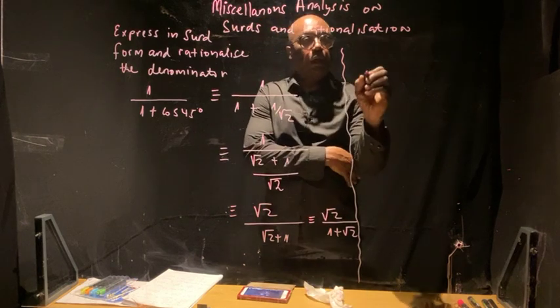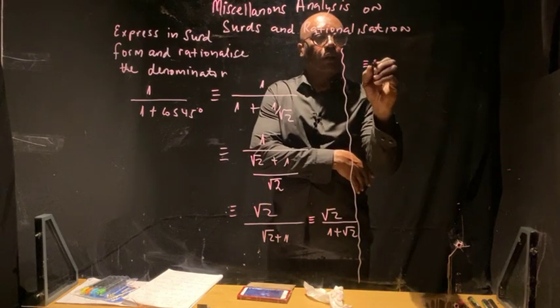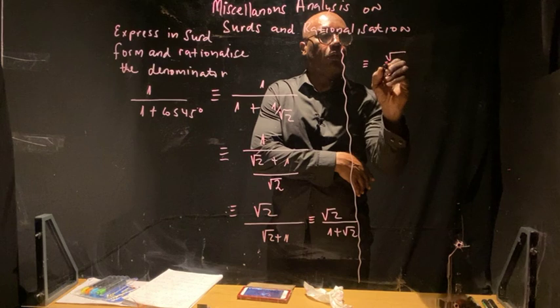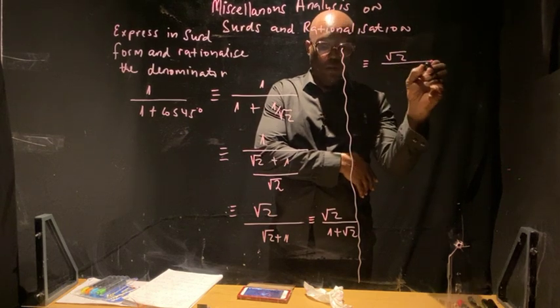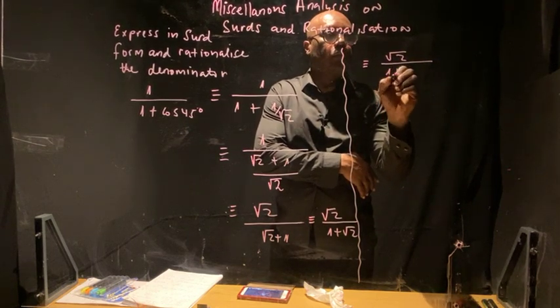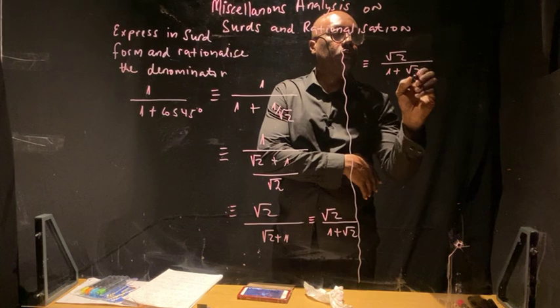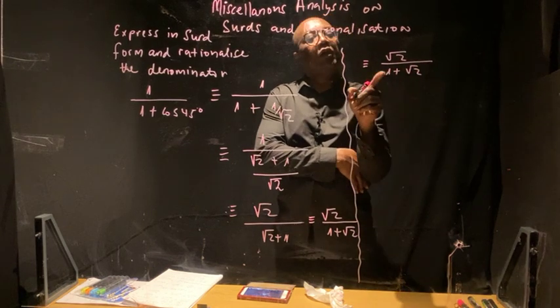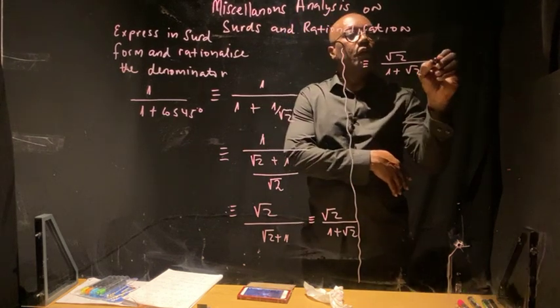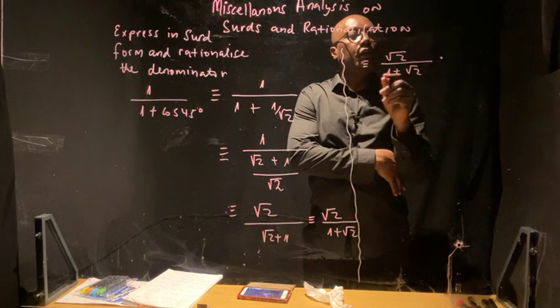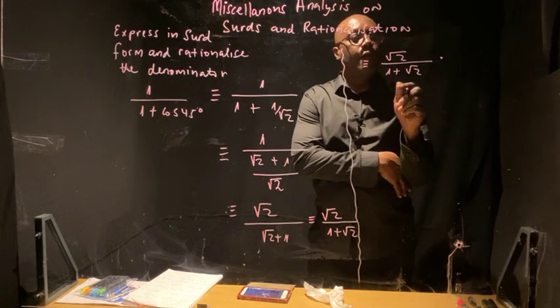So it is root 2 over 1 plus root 2. Then this one, you rationalize it as we did previous time.